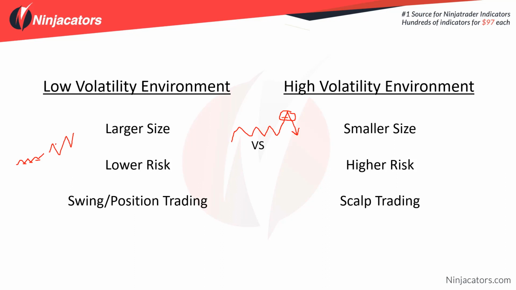It hits their order, has some slippage, moves past their order a little bit, probably gets top ticked or stopped out right about there, and then the stock, ETF, or futures contract starts moving in their intended direction. So you're right as far as direction, but you're wrong as far as entry or maybe even risk. Maybe you should put your stop a little bit further away. But these are some of the things that come with high volatility environments.